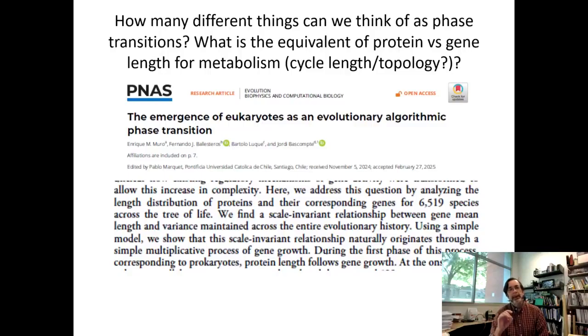What they chose to do is they used protein length versus gene length, because they noted that there was a straight line, and that line has an inflection in it. I'm not going to go into this entirely, but it's fascinatingly relevant that we can think of this chapter 7 transition as a phase transition. So why not think about the association of microbial communities, which is a chapter 6 topic, as also a phase transition? So I will let you think about that and chew on that.